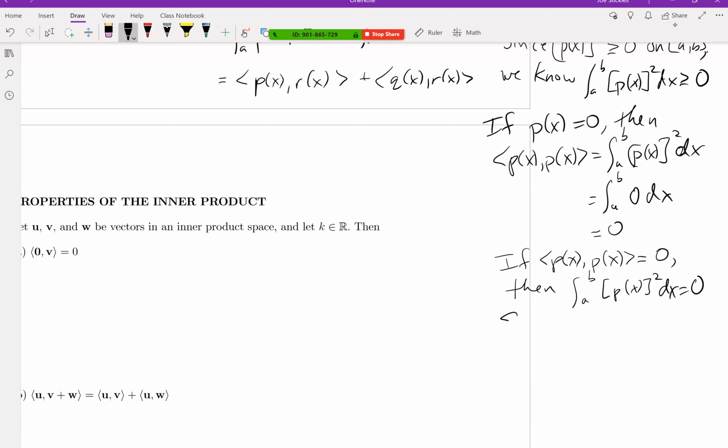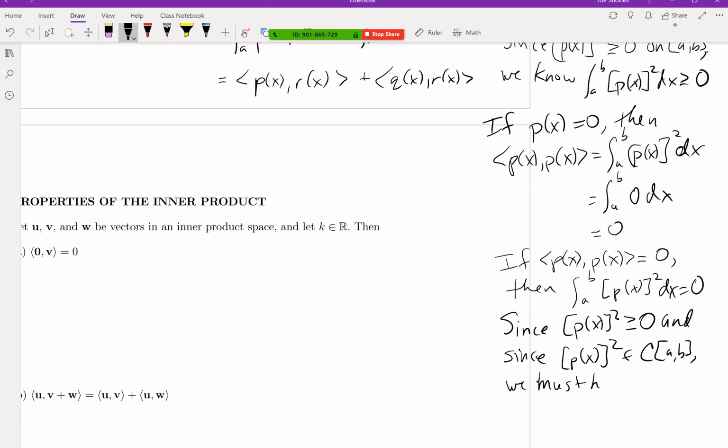So just to write that down, since p of x quantity squared is greater than or equal to 0, and since it's continuous, we must have that that function is the 0 function. And that gives us that p of x had to be 0.